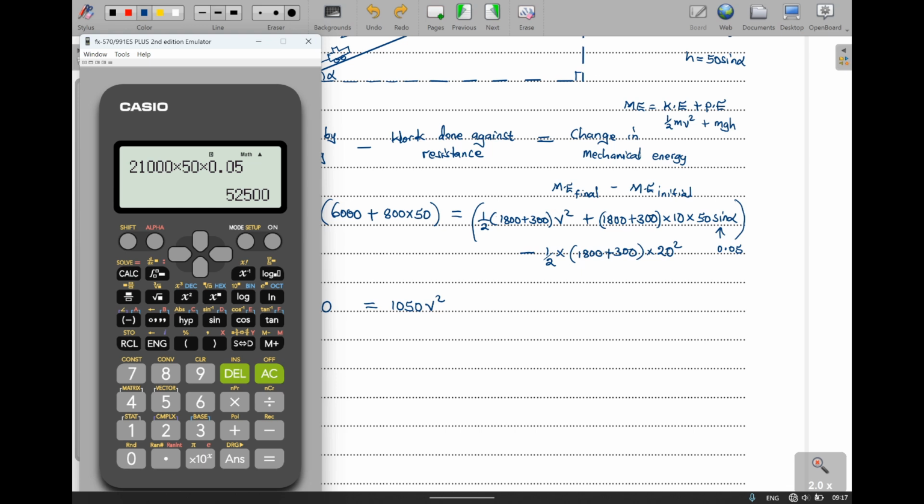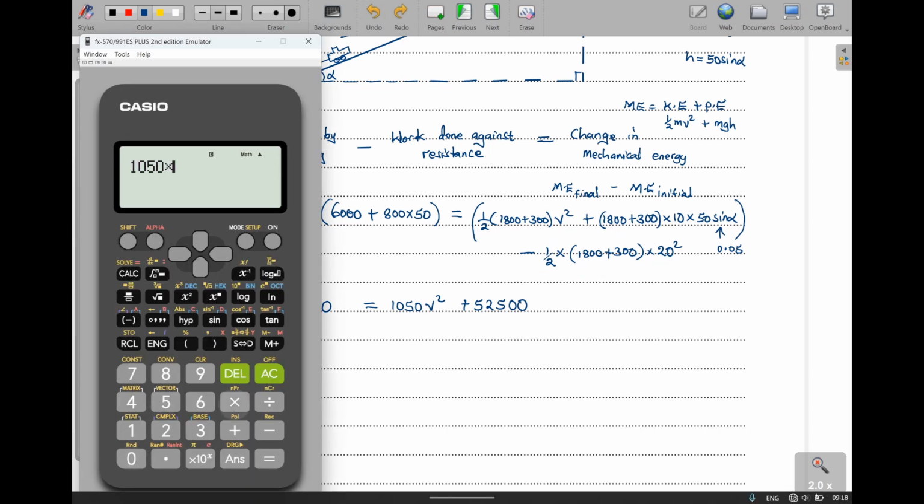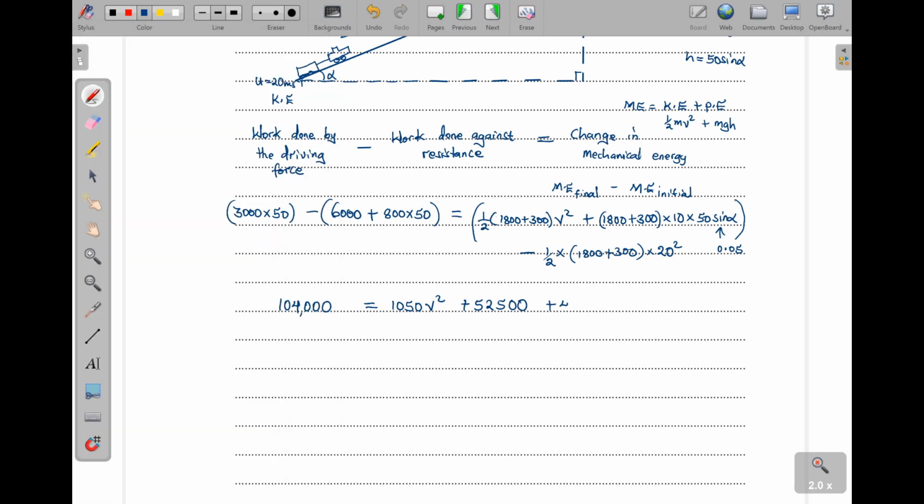That is 52500. And then here, already this one we have seen as 1050, then times the 400 here. 1050 times 400, that is 420,000.